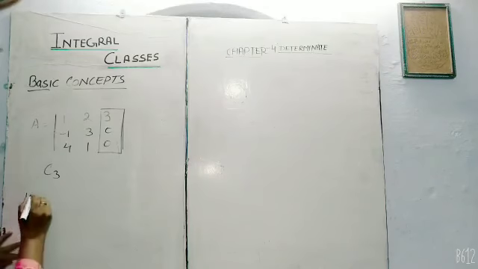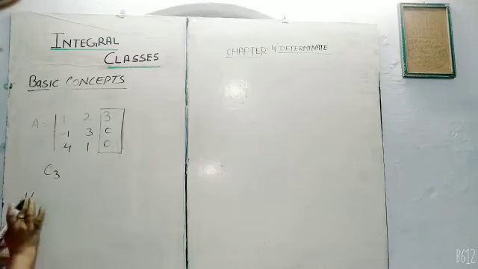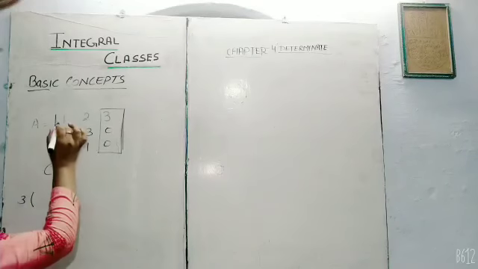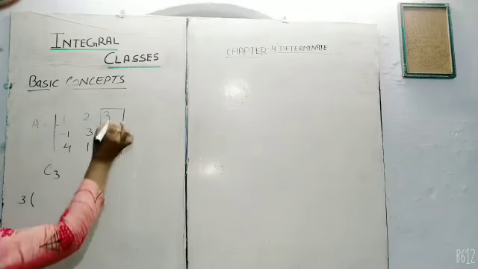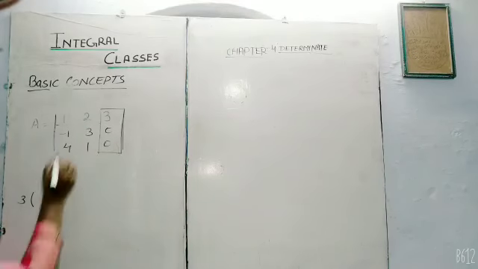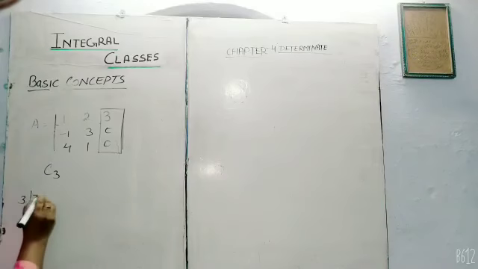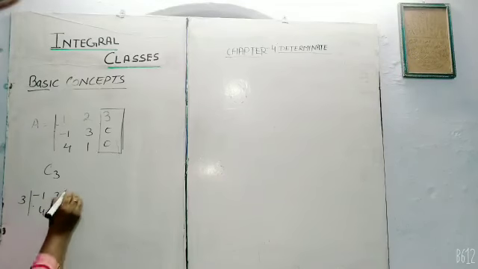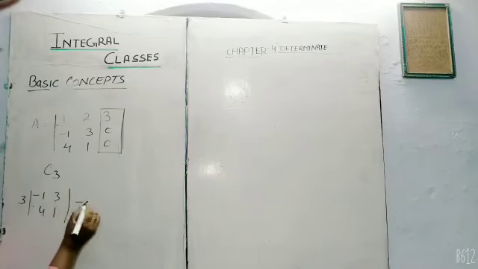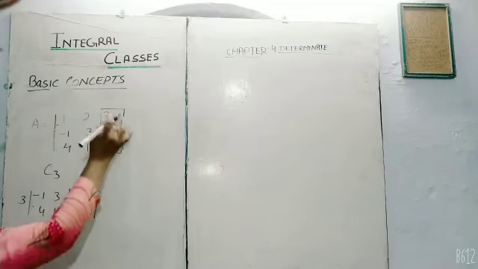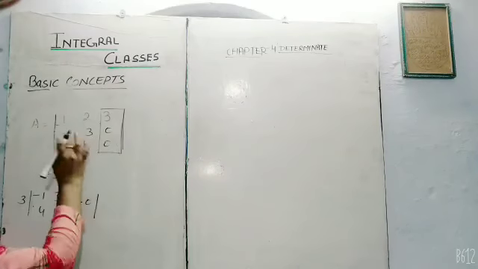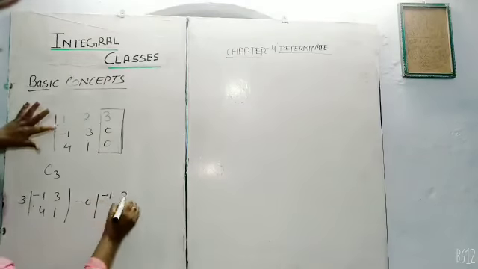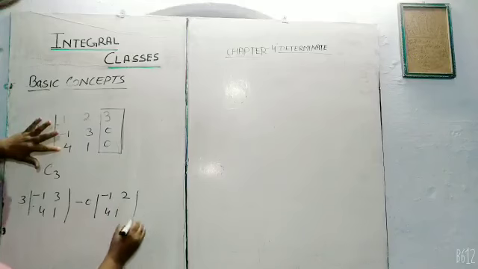First is 3. 3 is here, so the first row and third column are deleted. Then we get minus 1, 3, 4, 1. Now here is 0, with minus sign, which is in this column, and the second row is deleted. The remaining are minus 1, 2, 4, 1.